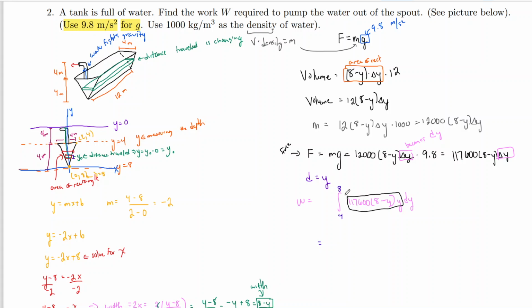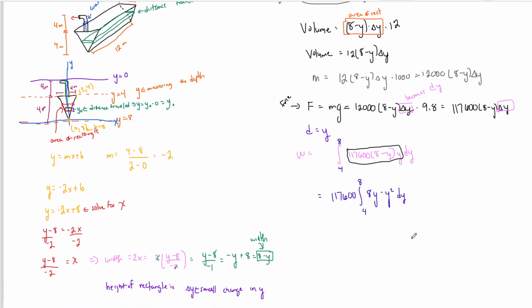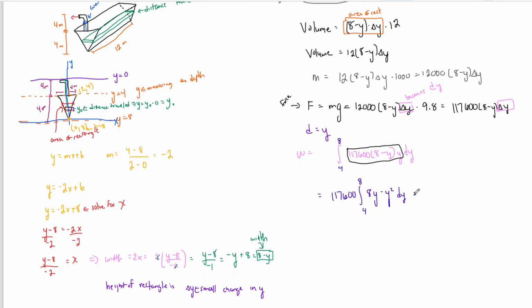But you can go ahead and now integrate this. We can bring out the 117,600. We're integrating from 4 to 8. What's left inside is 8 minus y times y, which is 8y minus y squared. And we can integrate this. 117,600 out front. 8y's integral is 4y squared minus, and then y squared is y cubed over 3, from 4 to 8.